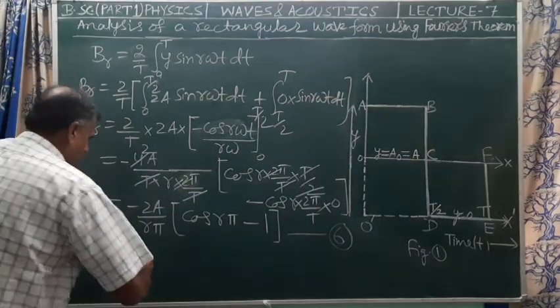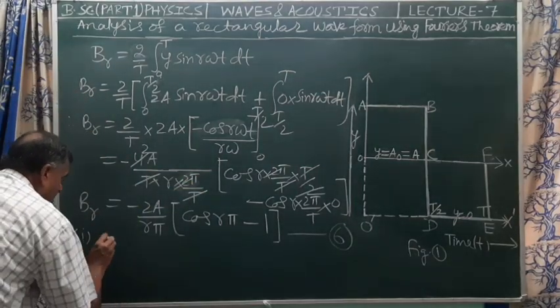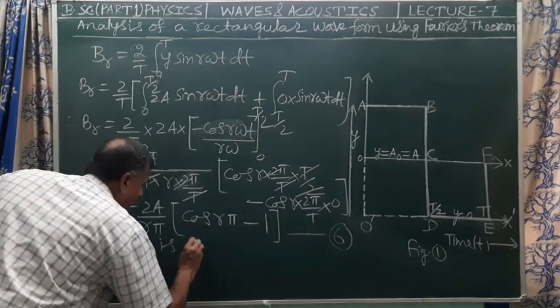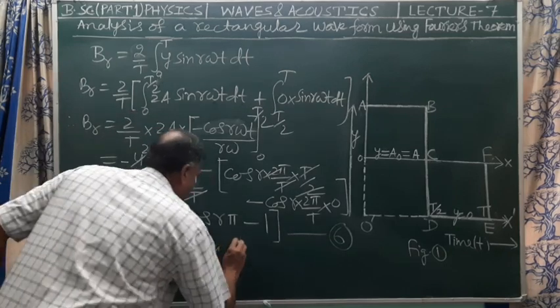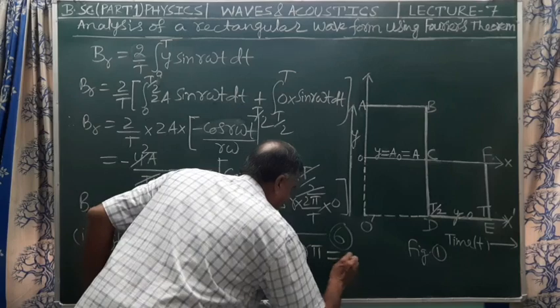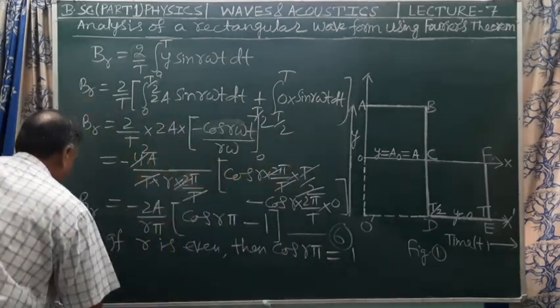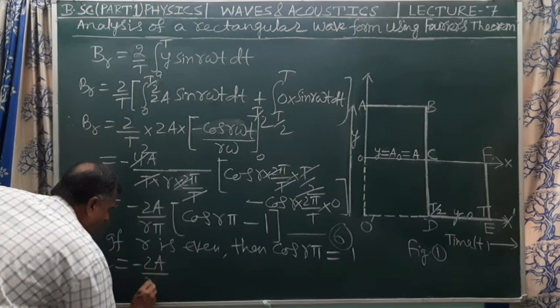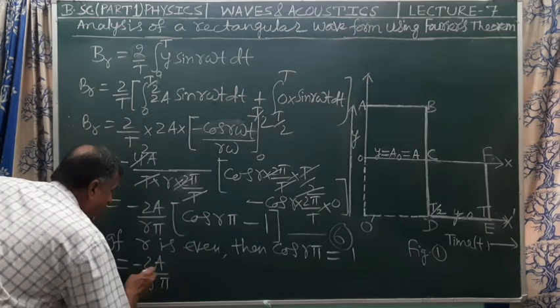So the first situation, if small r is even, then the value of cos r pi will be +1, and therefore Br equals minus 2a upon r pi when r is even.